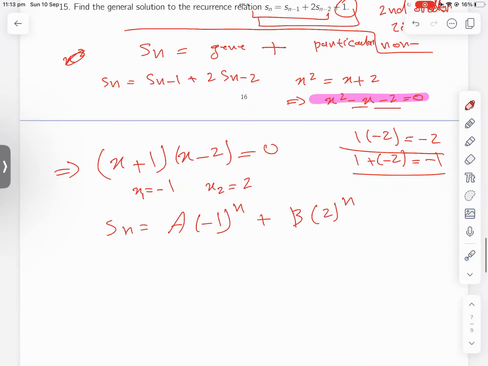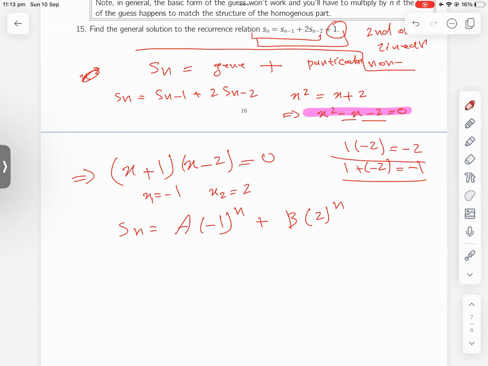The original recurrence is Sn equals Sn minus 1 plus 2 Sn minus 2 plus 1. So let Sn be D. It's a constant. So this will be D, and this will be D.